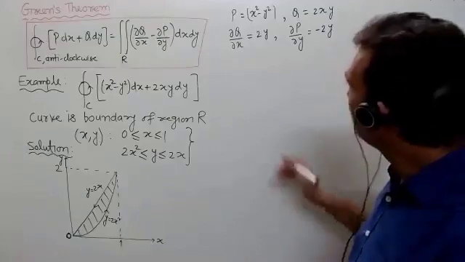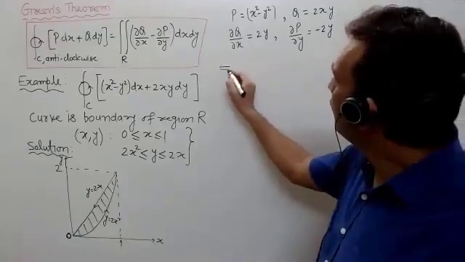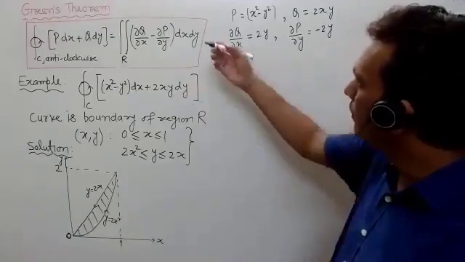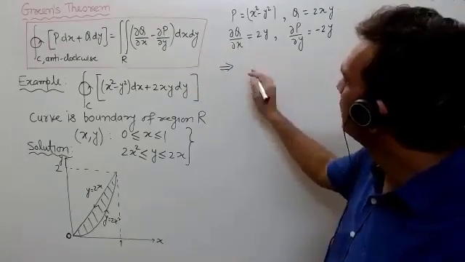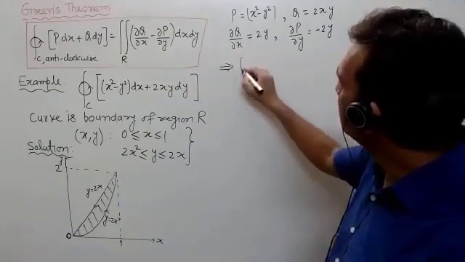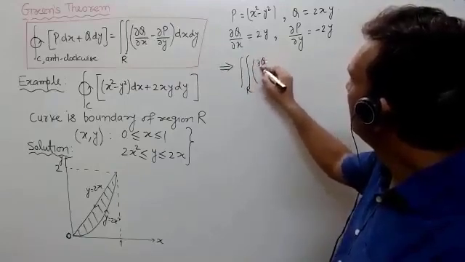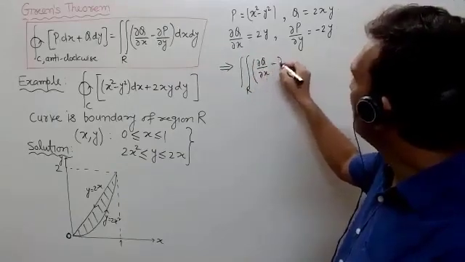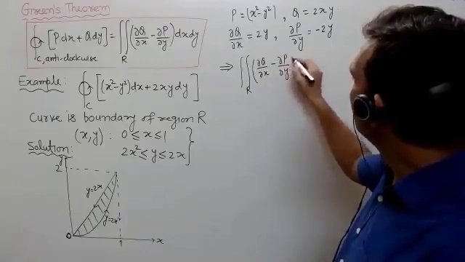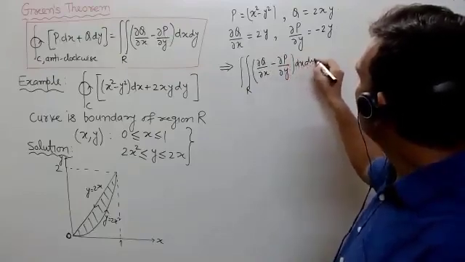Okay. So now this integral value will give you, right hand side, you have to see right hand side. Del q by del x minus del p del y dx dy.